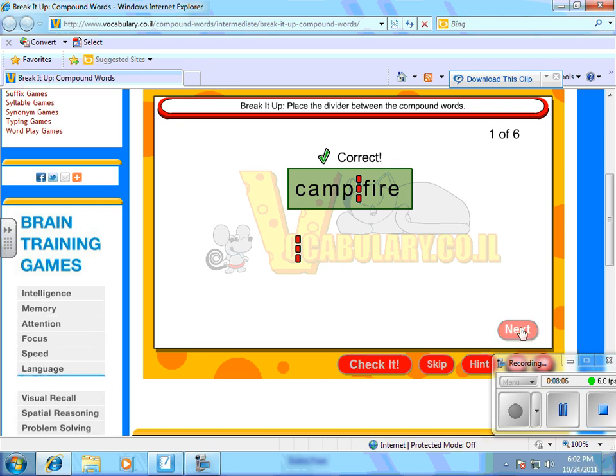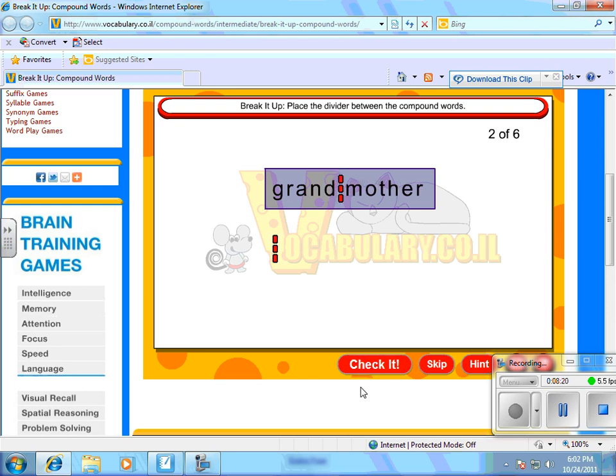Okay, we're going to do one more. Grandmother. Jamal, where do I need to move the bar? Before mother? Okay. Let's check it again. Perfect. Okay, Rosie, will you come up and do one for us? Where do you need to move it before dishwasher?